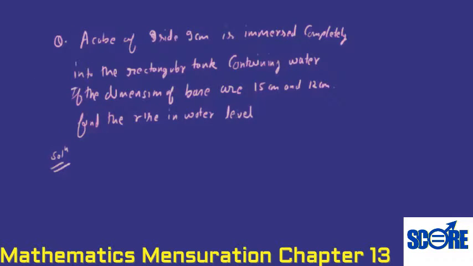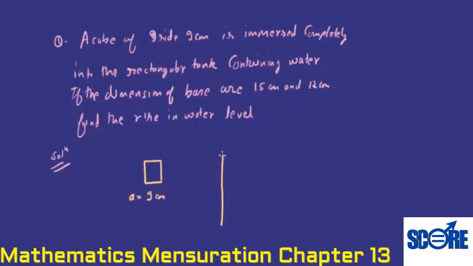So in this question, what is given to us is a cube of side 9 centimeter. Let's say this is a cube of side 9 centimeter. And we have a rectangular tank that is in the shape of a cuboid. Rectangular tank is nothing but a cuboid.